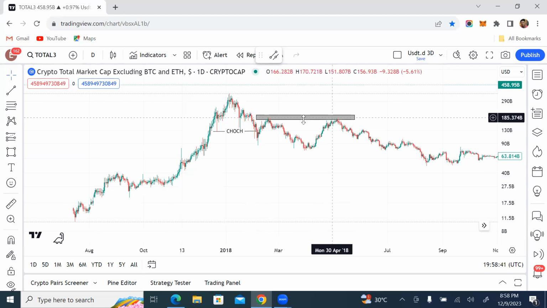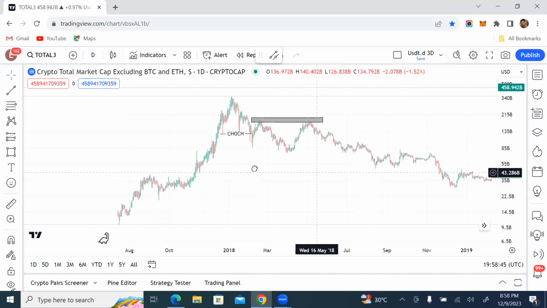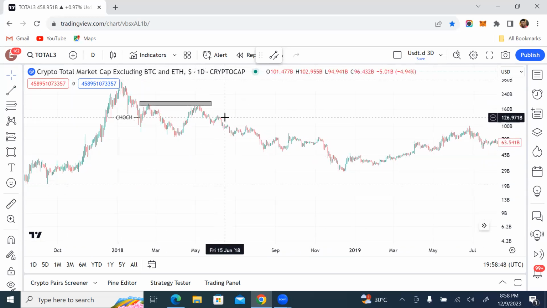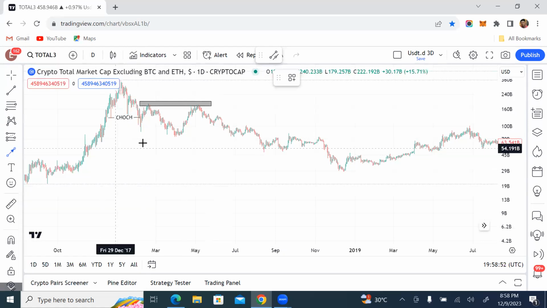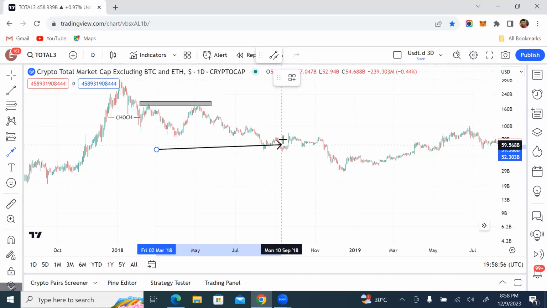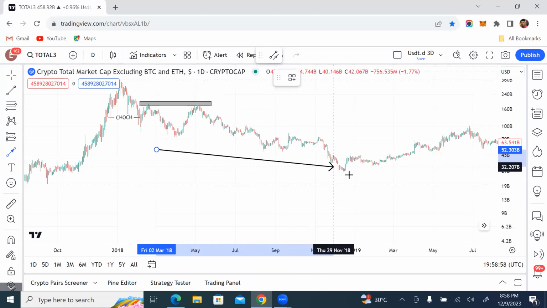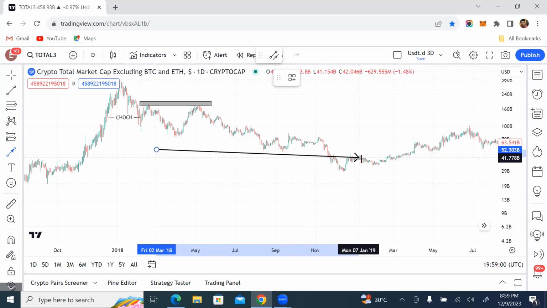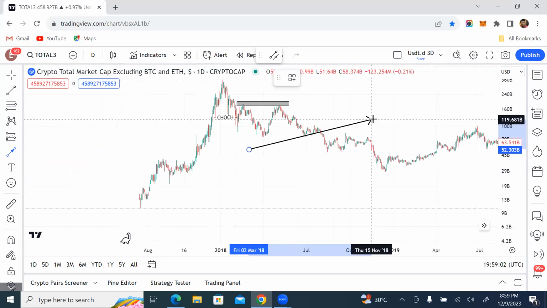It only came back here, retested this block, and came down. Now you can see the downtrend. Lower high, lower low, lower high, lower low, lower high, lower low, lower high.